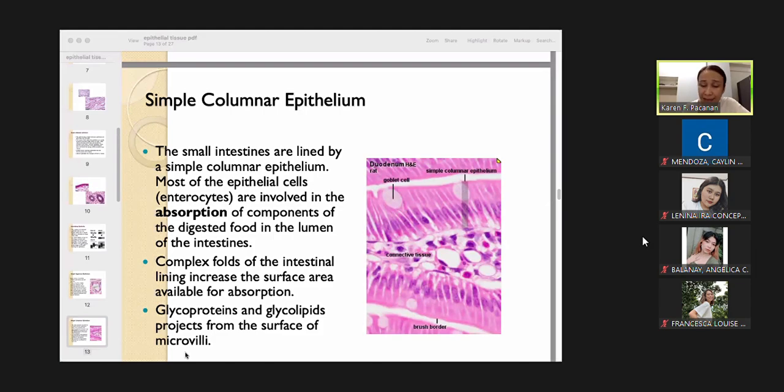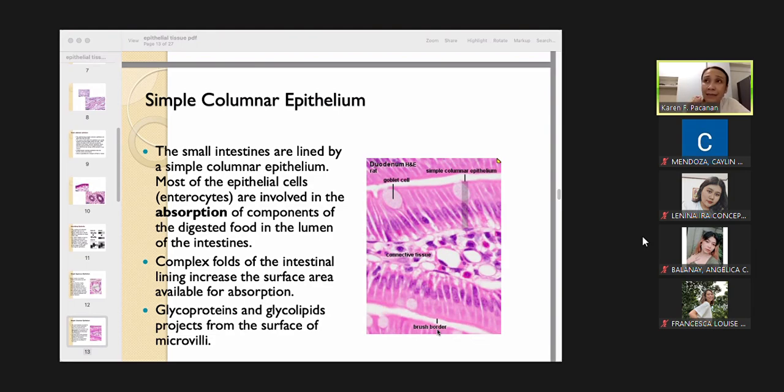Most likely in light microscopes, they are not visible. But in some locations wherein microvilli are particularly numerous, such as in the small intestines, they are seen as fine vertical lines. Therefore, we refer to this as the brush border or the striated border.